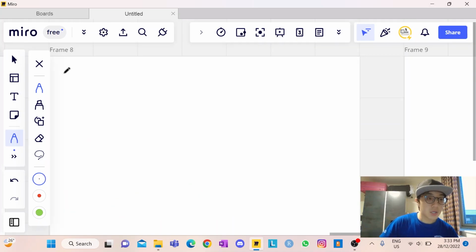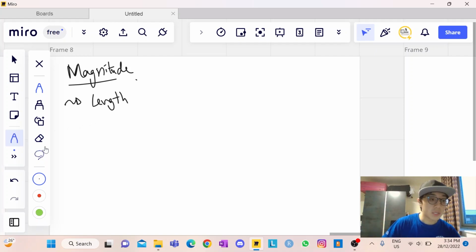Next we're going to talk about the magnitude of a vector. How do we define the magnitude? It is basically the length between the two points. Let's say I want to look for the magnitude of AB.